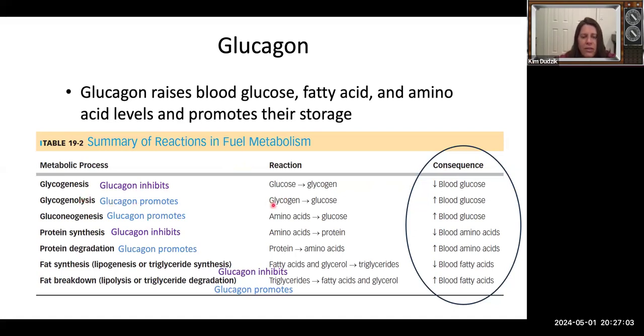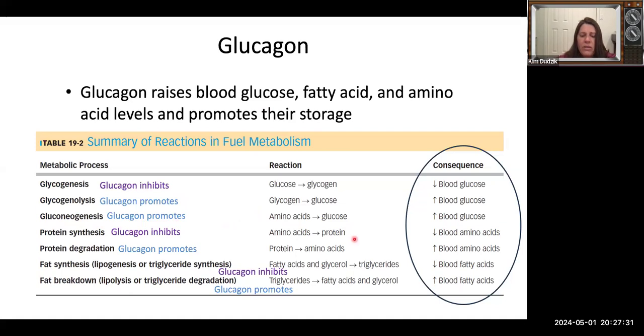Glycogenolysis, that's converting glycogen to glucose. So that's something that will raise blood glucose levels. So glucagon is going to promote that, right? Converting amino acids to glucose, that's called gluconeogenesis. So glucagon is going to promote that, right? It wants to promote raising blood glucose levels.